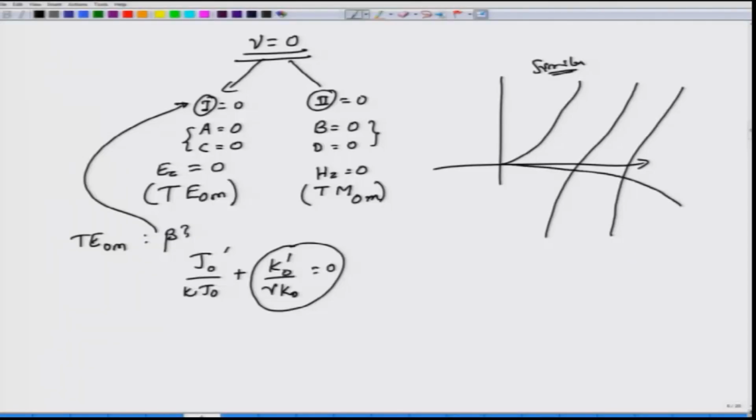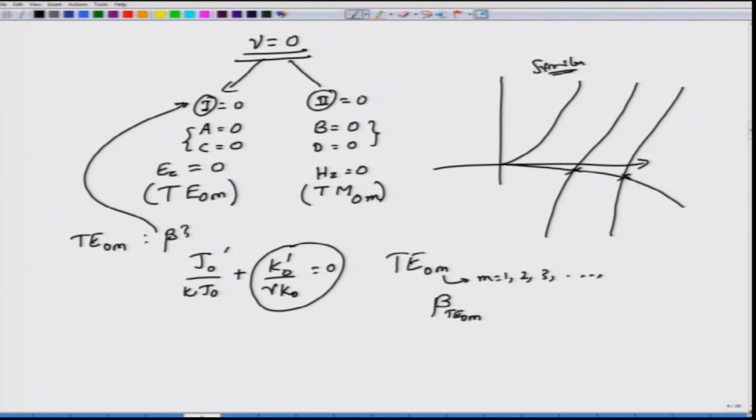Wherever they intersect you will actually have a TE mode. So, for the same TE first order 0, you will have multiple modes M, starting with M equals 1, 2, 3 and so on, and correspondingly you will have beta for the TE 0M mode.